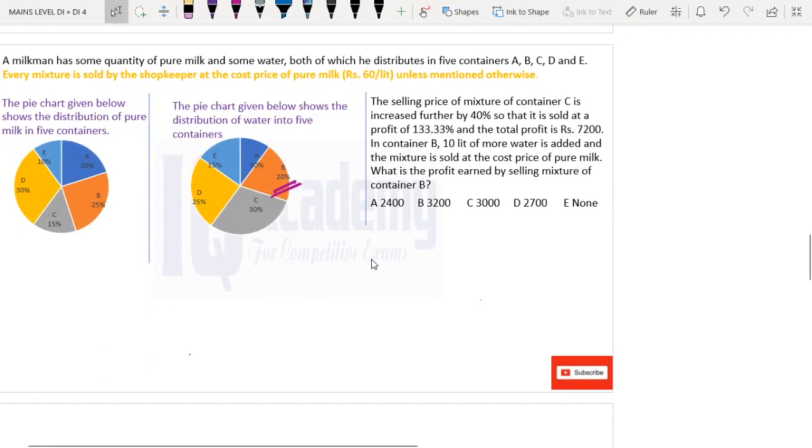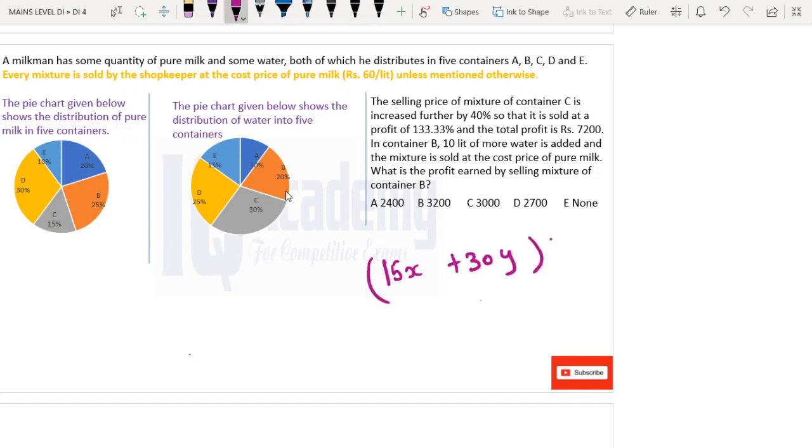The selling price of container C is increased further by 40%. So what's the present selling price of C? Present selling price of C is 15x plus 30y into 60.